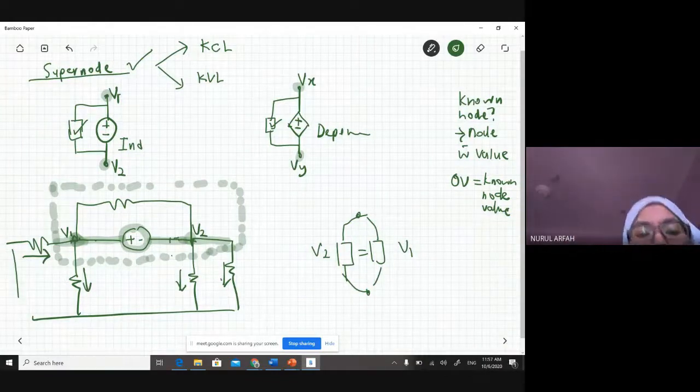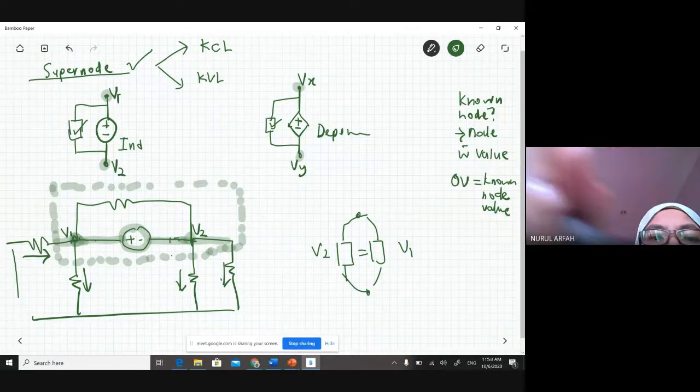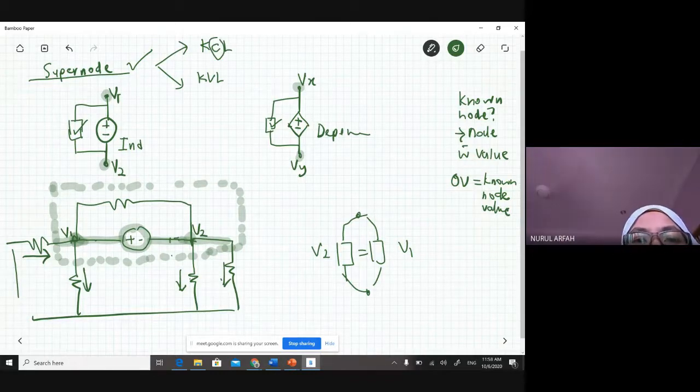Since KCL is about current, you need to find the current entering the boundary or leaving the boundary. If I put this as I1, I2, I3, and I4, then can you guess what is the KCL at this boundary?